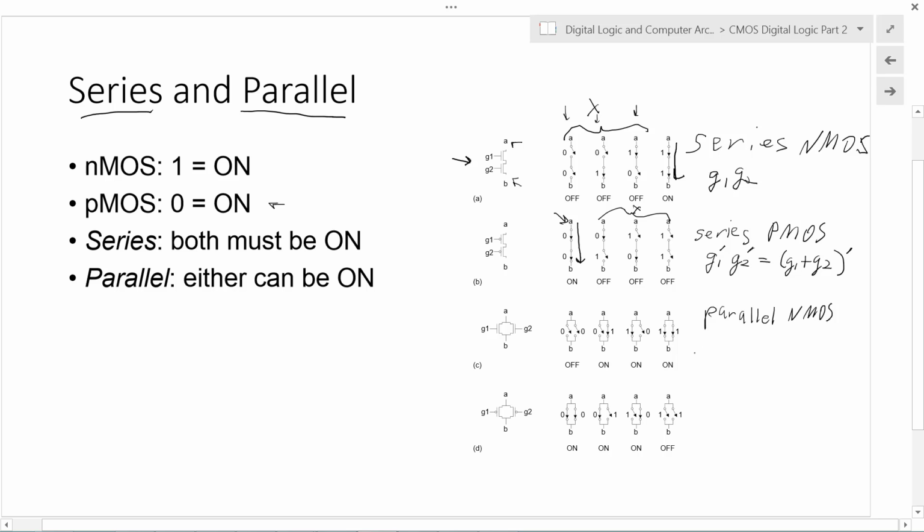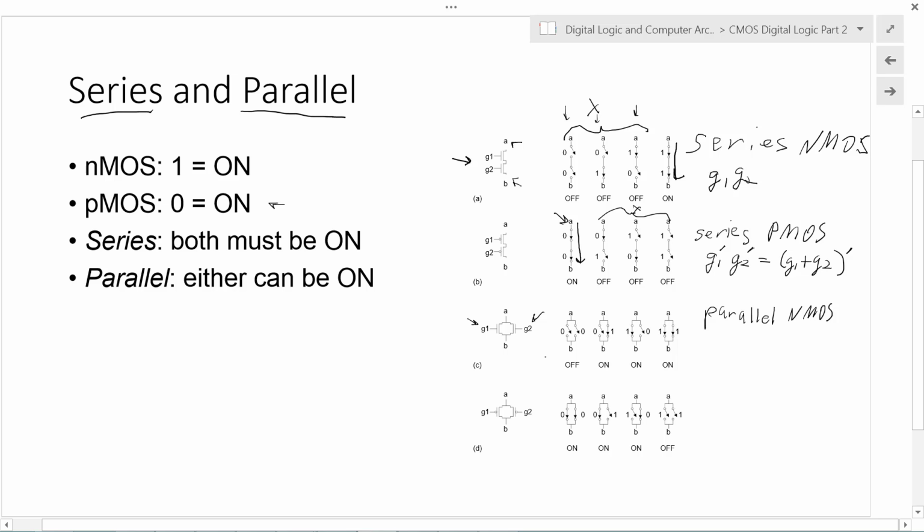So here, parallel NMOS, we have the G1 transistor on this side and the G2 transistor on this side. Either transistor is connected if there is an input of 1 on the gate.